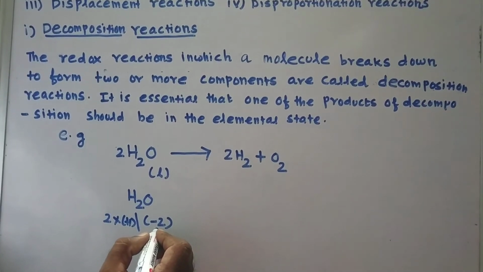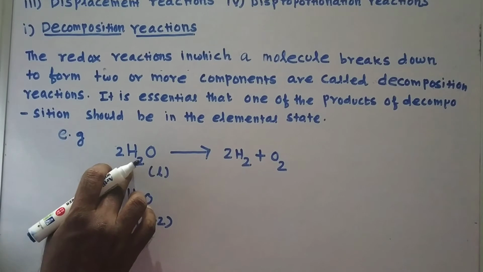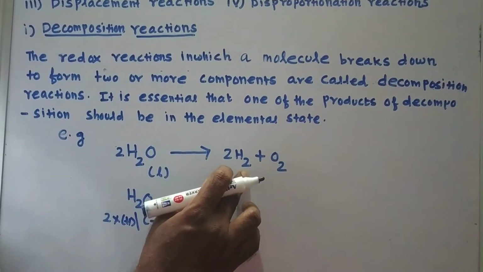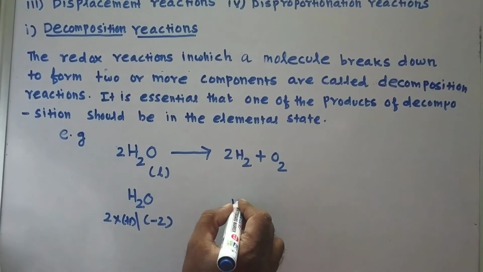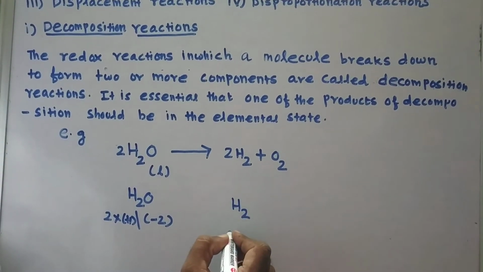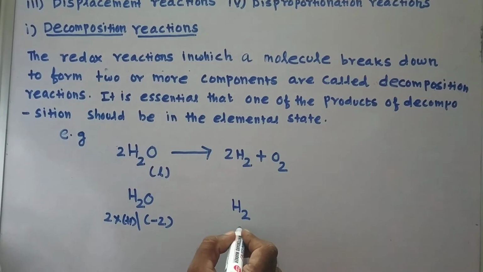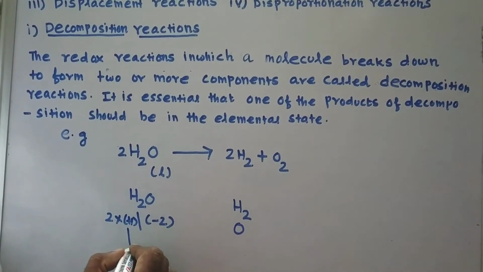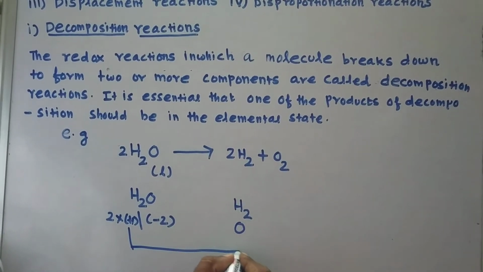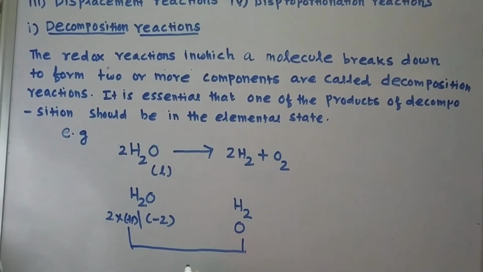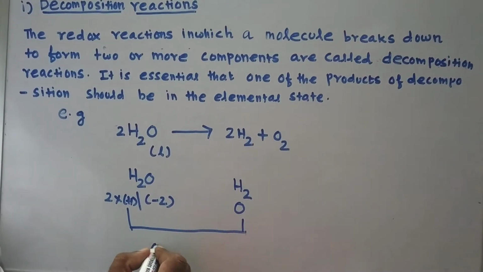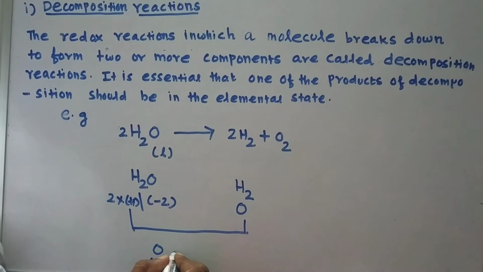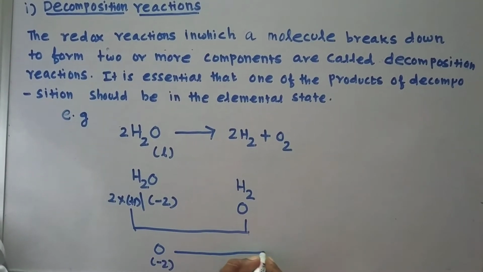Now on decomposition, it forms two molecules of hydrogen. Here hydrogen is present in the molecular state. Any element in the molecular state has an oxidation number equal to 0. Therefore, +1 becomes 0. Now let's consider oxygen. Oxygen is in the state of -2 in H2O.